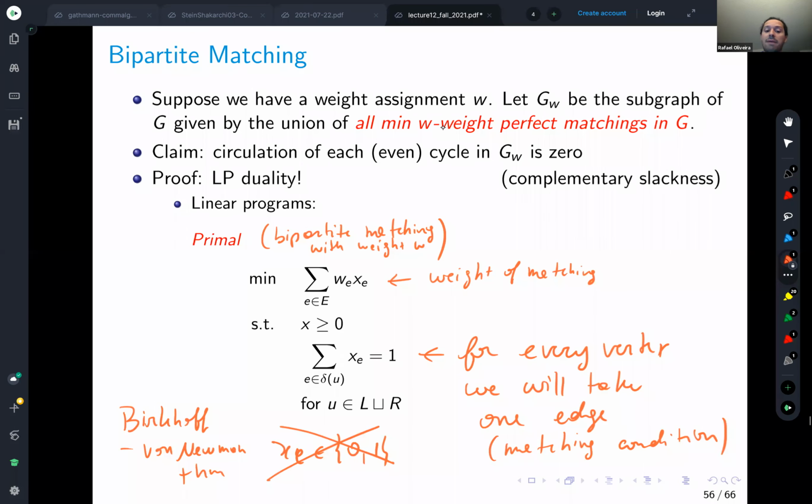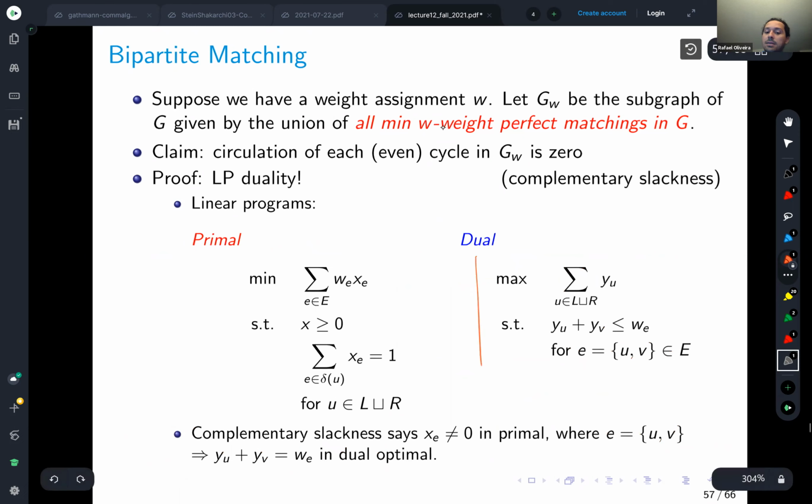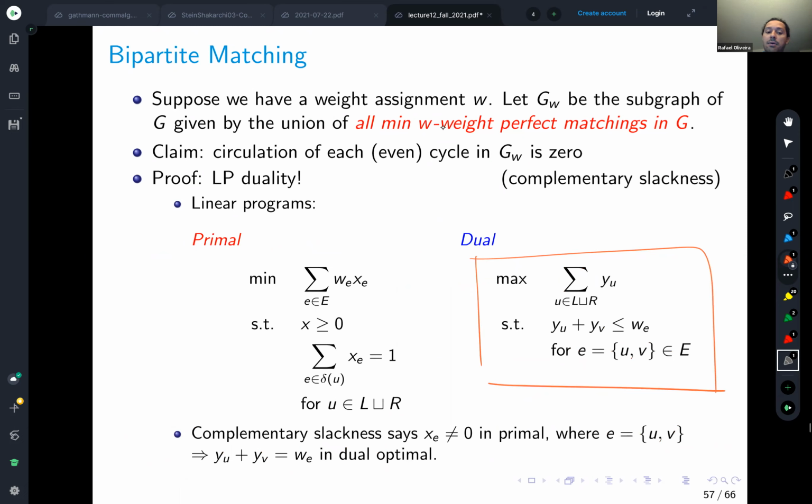Okay, so we have this linear program, and now we know that it's a true linear program. Now, what is the dual of this linear program? If you compute the dual, notice that it is in standard form. So the dual of this program is exactly this. Remember, for duality, each primal variable corresponds to a dual constraint.